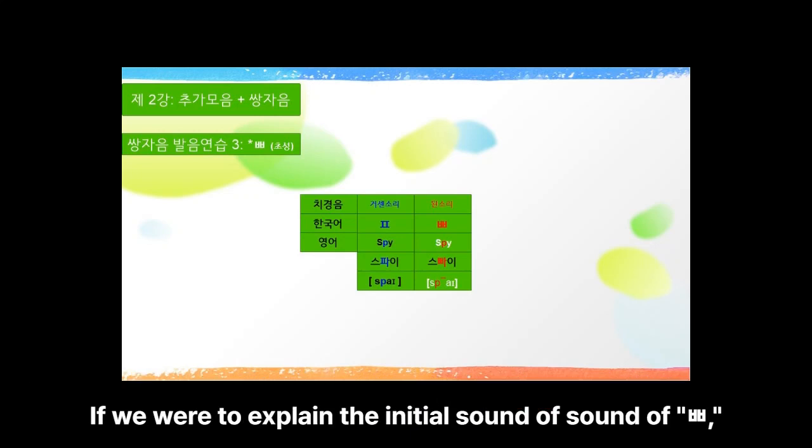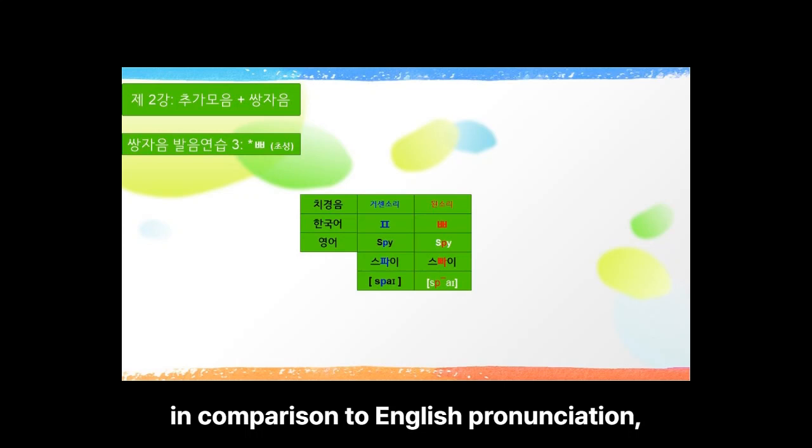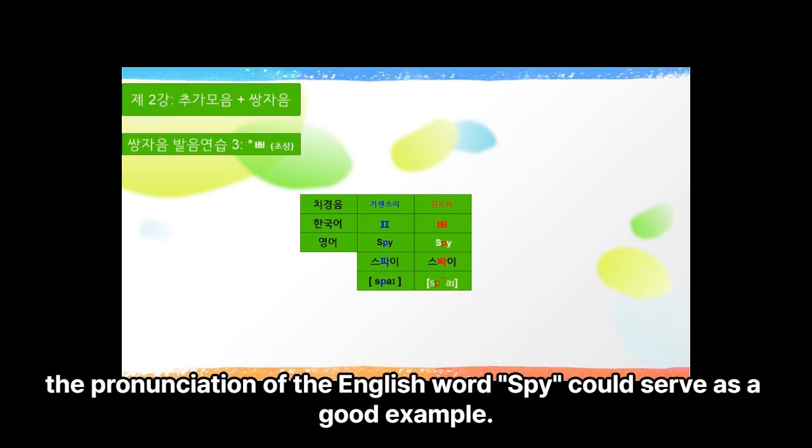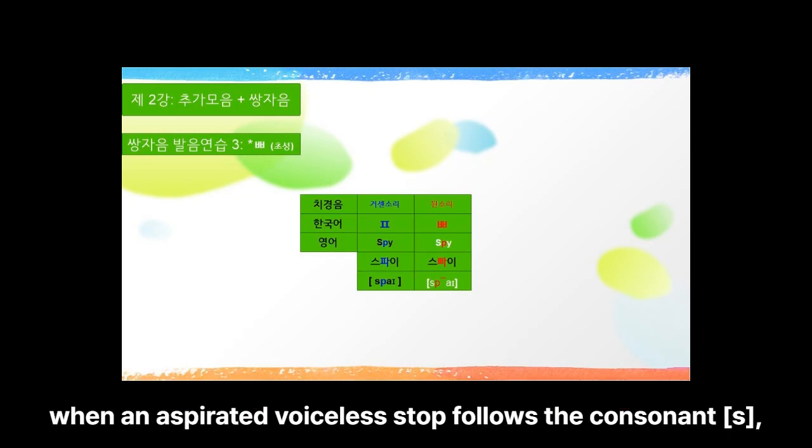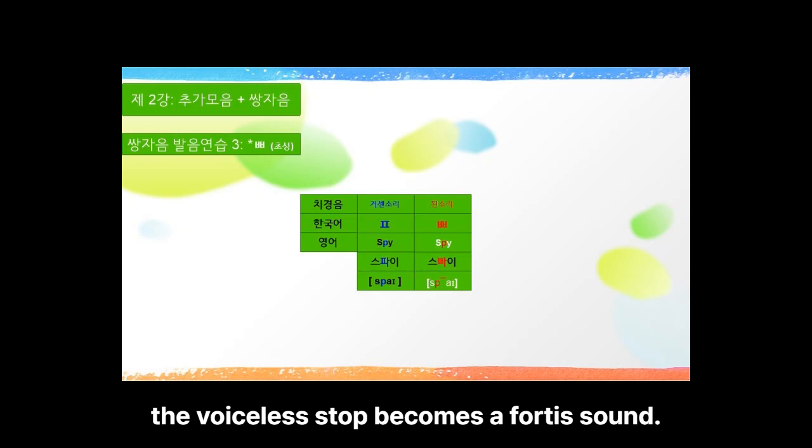If we were to explain the initial sound of ssangbieup in comparison to English pronunciation, the pronunciation of the English word spy could serve as a good example. As mentioned before when explaining the initial sounds of ssangnieun and ssangdigeut in English, when an aspirated voiceless stop follows the consonant s, the voiceless stop becomes a fortis sound.